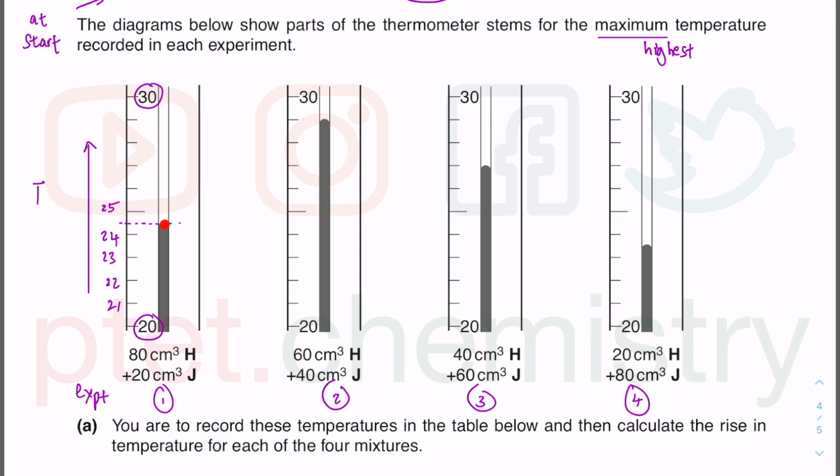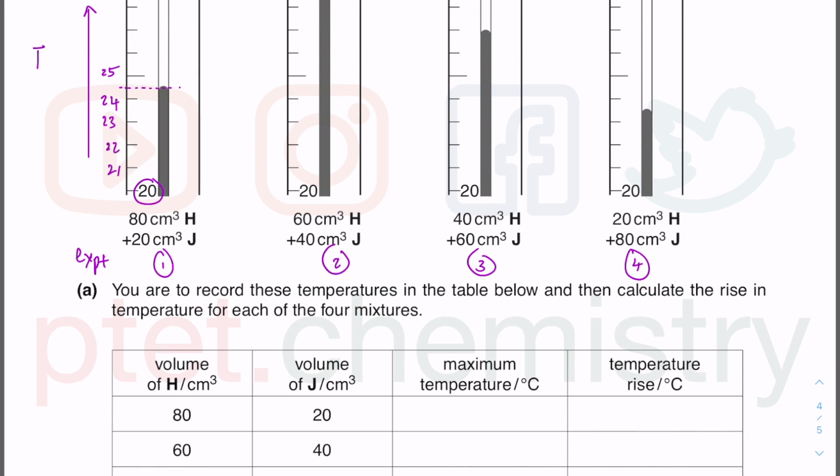Therefore, you read it as 24.5 degrees Celsius for this experiment 1. We don't need the unit because the unit is already in the heading there. This is for 80 of H and 20 of J, experiment 1. Read your table carefully because the header is your label, and labels are everything in an experiment.